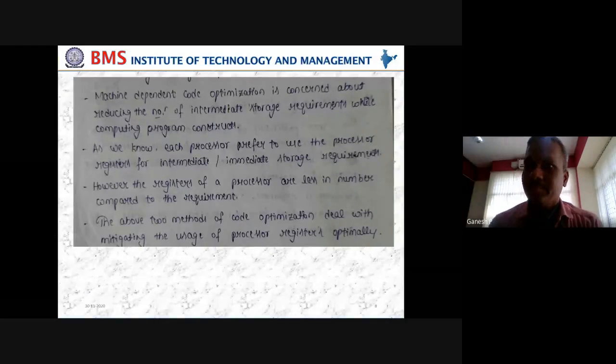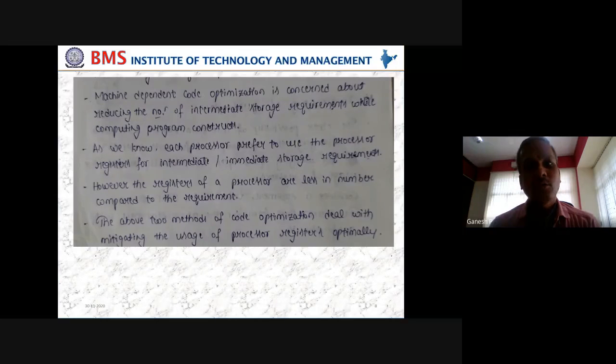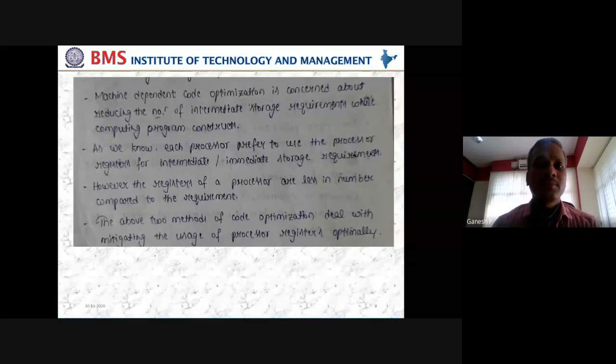Before we get into this, code optimization is, on one side, making the code efficient in terms of its length and the time taken for execution. The time taken for execution can also depend on runtime, because every program has to go to the RAM, and from the RAM it is executed in the processor.